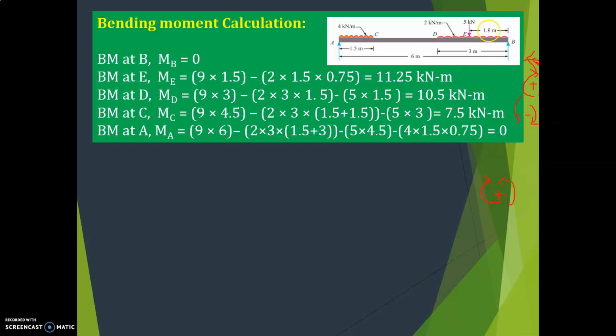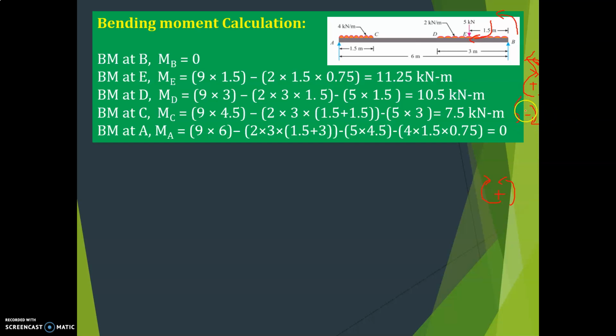Now bending moment at B is 0. Then bending moment at E, what is that? RB, moving in this direction, RB into 1.5, minus, because this UDL is acting in the downward direction.